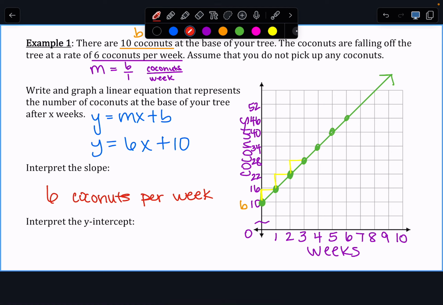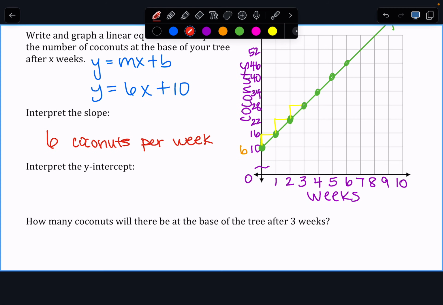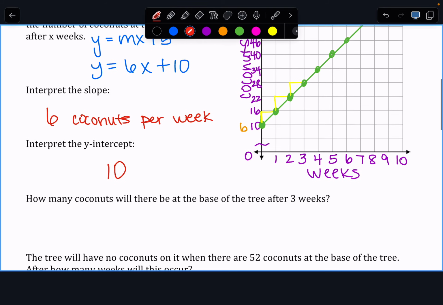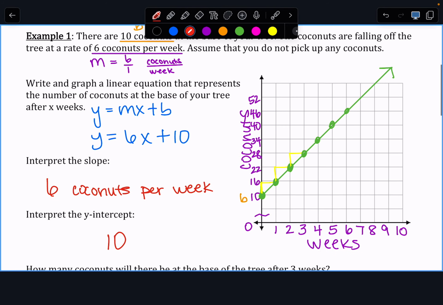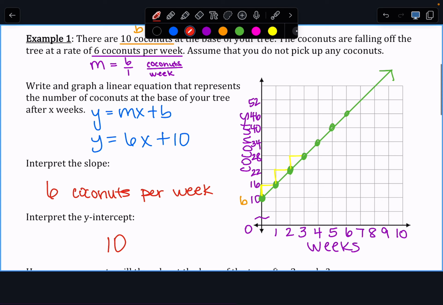Okay. What does our y-intercept mean? What is our y-intercept? Isn't our y-intercept 10? Right? And what does that mean? Like 10 what? Well, read, or look at the graph. 10 coconuts?